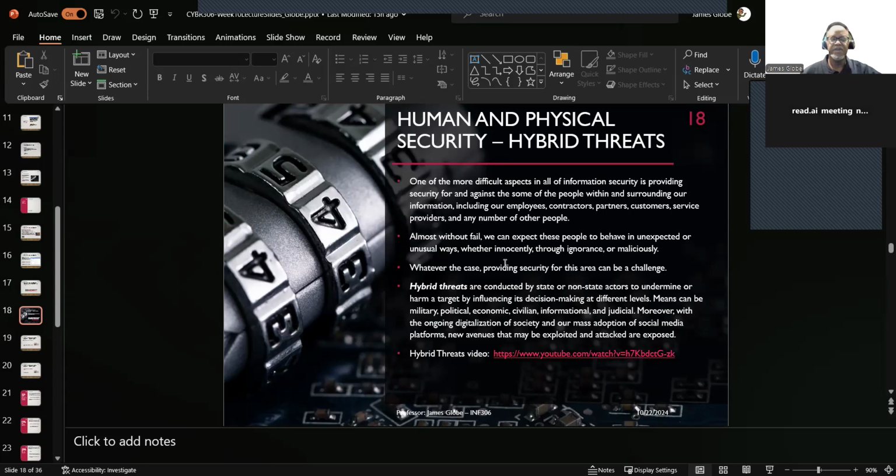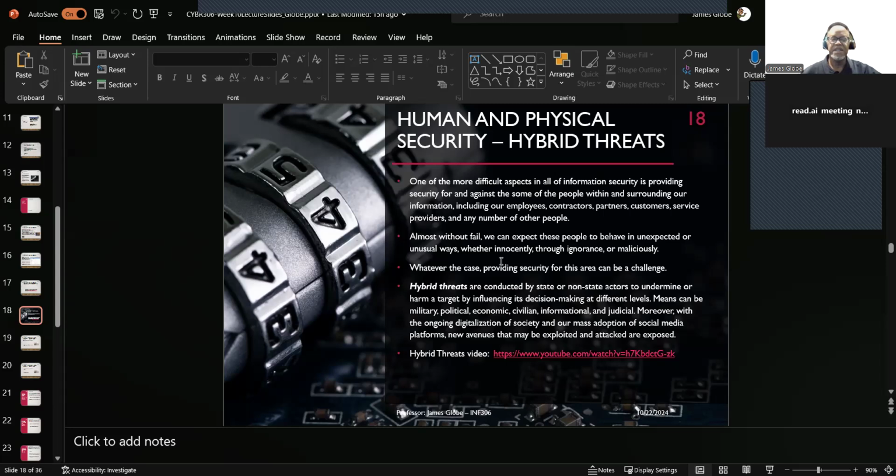Therefore, having appropriate monitoring and policies and procedures in place, so at a minimum, people know what to do when a threat or an incident happens, is really, really important and becoming like the standard. Again, what are hybrid threats, and how do they relate to physical threats?